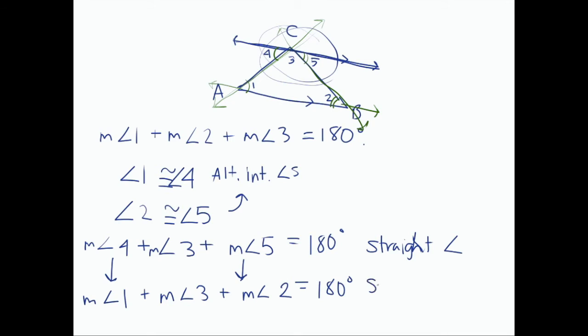This is just using some substitution. This is what we say in math sometimes. We're just substituting in some angles for other ones because we've already proven that they are congruent. And if you take a look, we've just proven our original statement. We wanted to find out that the 3 angles in this triangle summed up to 180 degrees, and that's exactly what we did. So that's a nice little concise proof for our theorem.